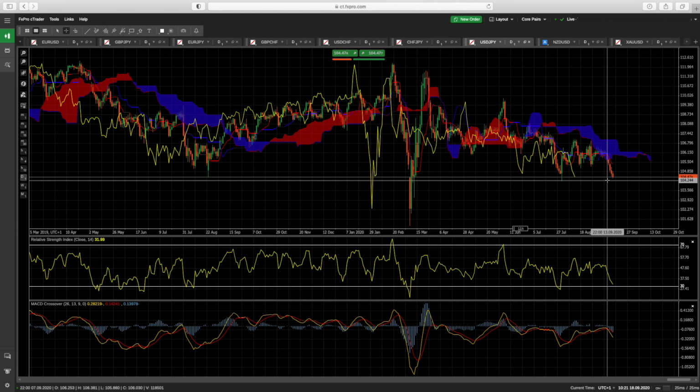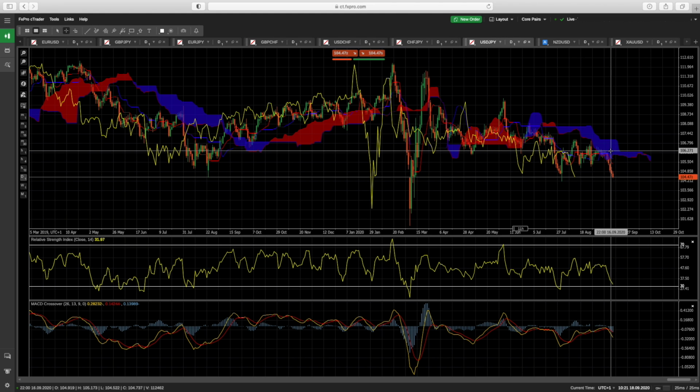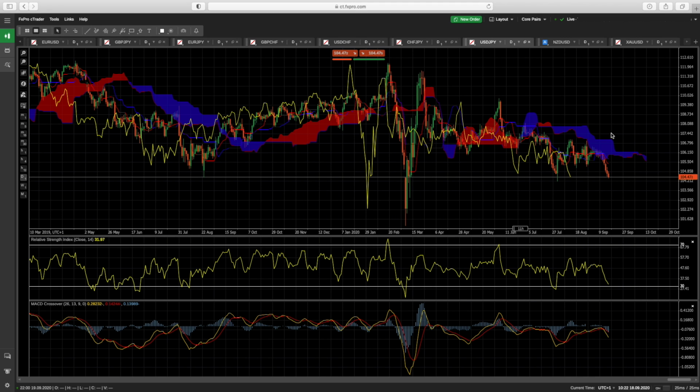So I'm not going to go in yet because I'm expecting the retracement. Once we retrace back to the 106, 105.9, then I'll be looking to short this pair, keeping in mind where we are with the fundamentals. So this is how I will be approaching the USD yen.